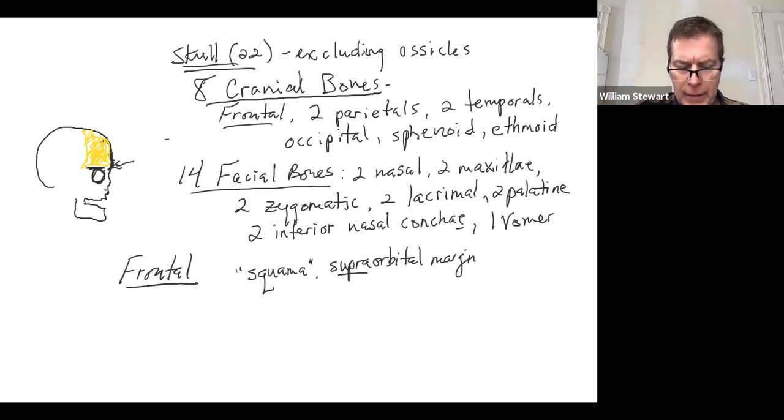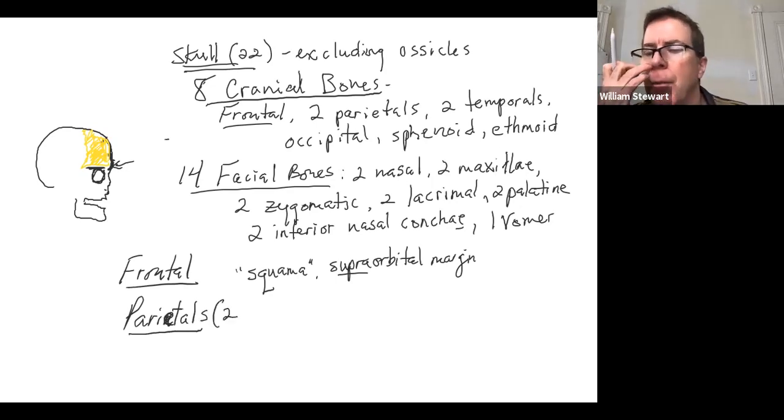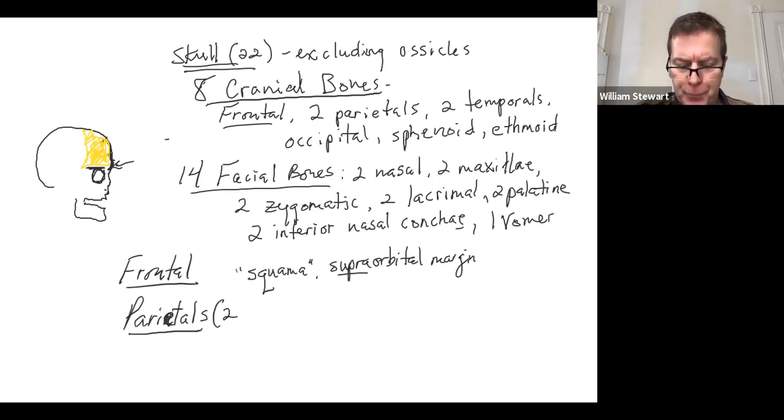All right, let's move on to the parietal bones. Sorry, that's an E, parietal. The parietal bones, there's two, and there really are two right and left bones. They do suture together on the top of the head. That's most of the roof of the cranium.